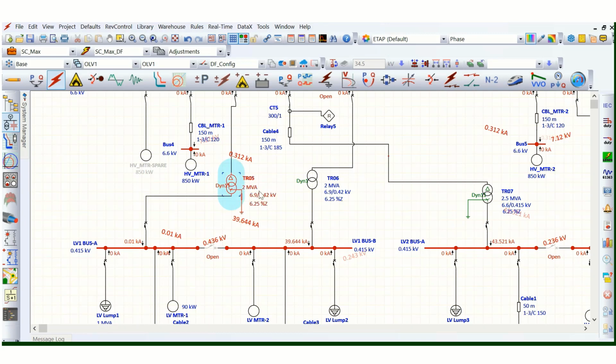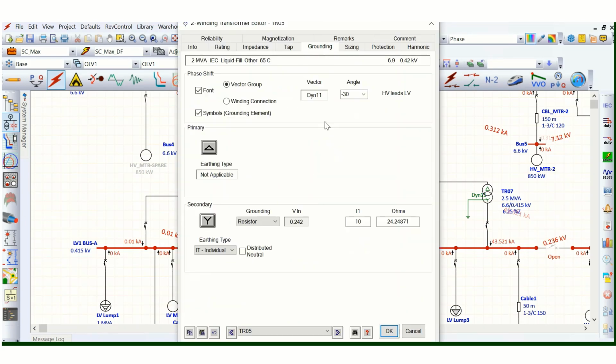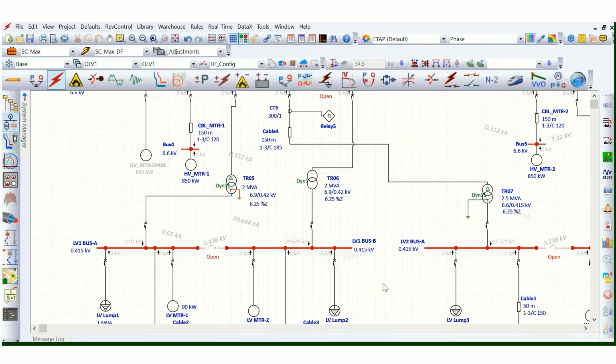We should always go for the solidly grounded system, so that it will be very easy to detect the location and the ground fault current, and it will be very easy to trip the protective device to isolate, to clear the fault instantaneously.